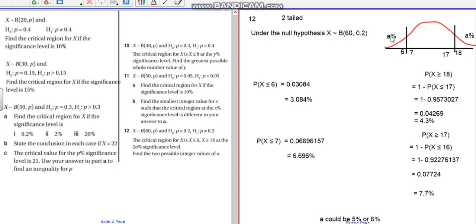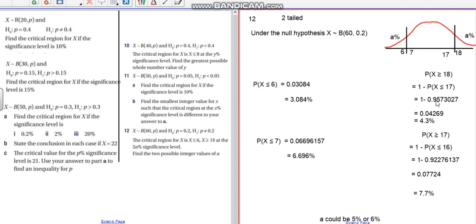But we also need to think about the numbers just inside the acceptance region as well. So if we look at the probability that x is less than or equal to 6 is 0.03, that gives me 3.84%. So my significance level here would have to be 4%. But greater than or equal to 18 gives me a significance level of 4.3%.